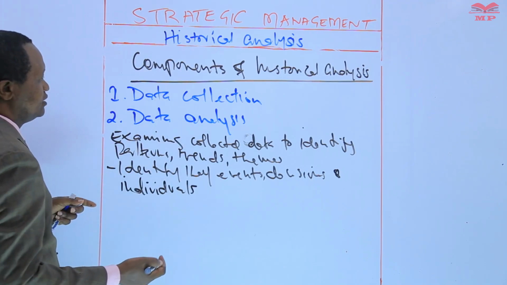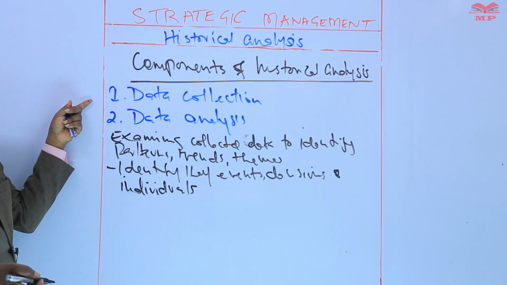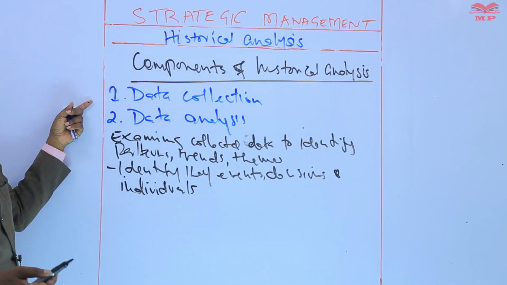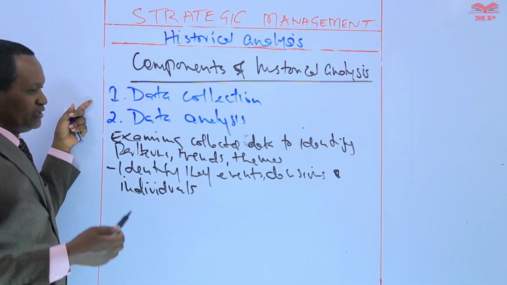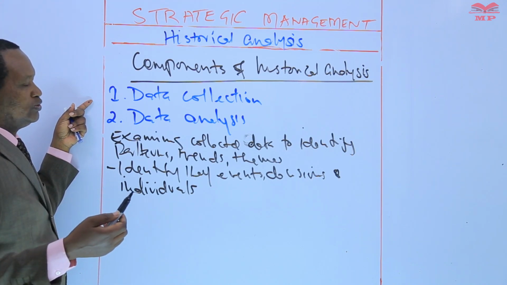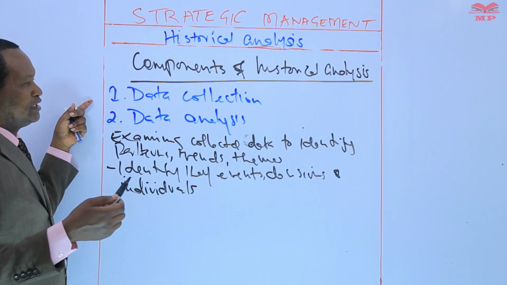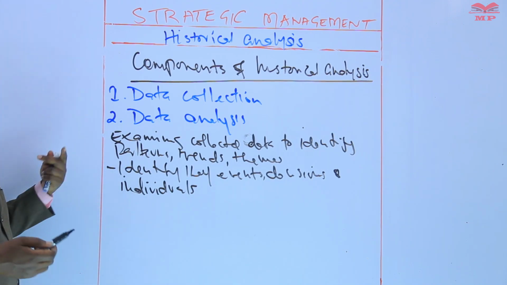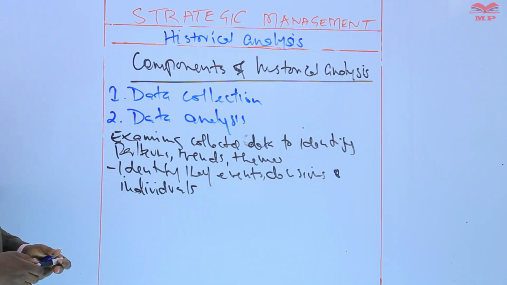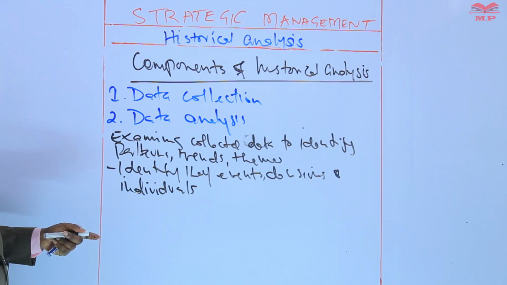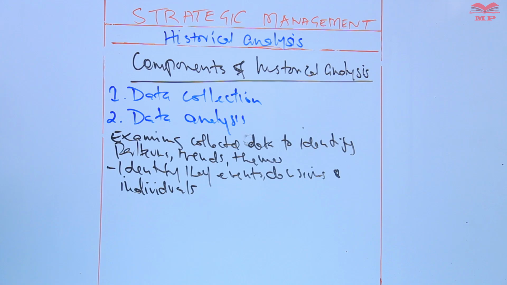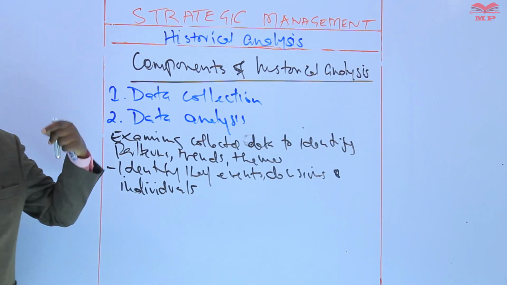When you read documentary data, when you listen to past employees and stakeholders, you'll be able to identify key individuals. You're able to identify decisions. You're able to identify events. You understand? These are events and individuals that have shaped the organization's history.